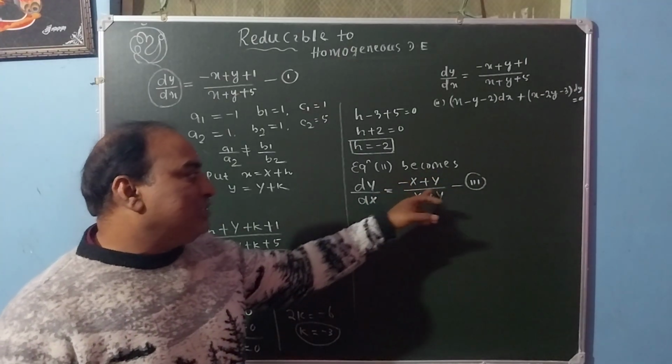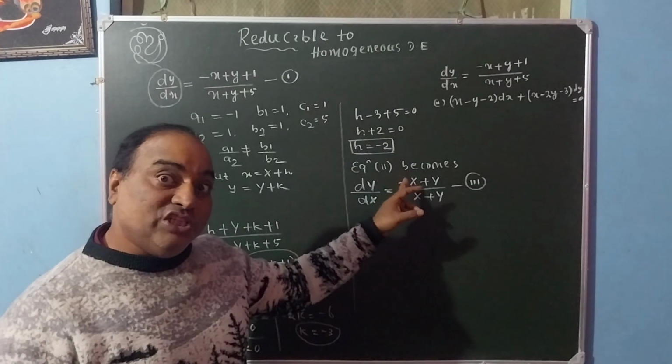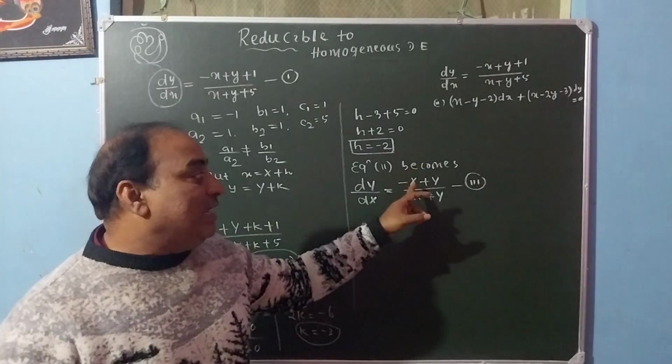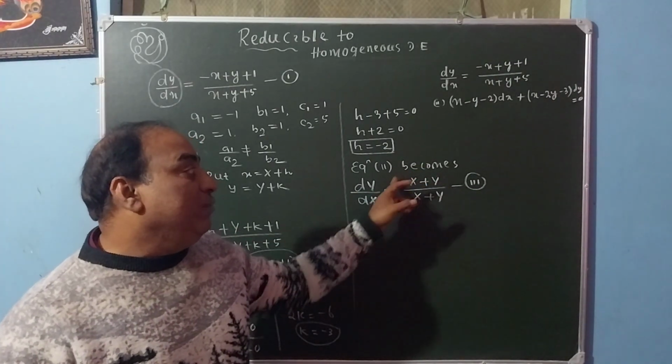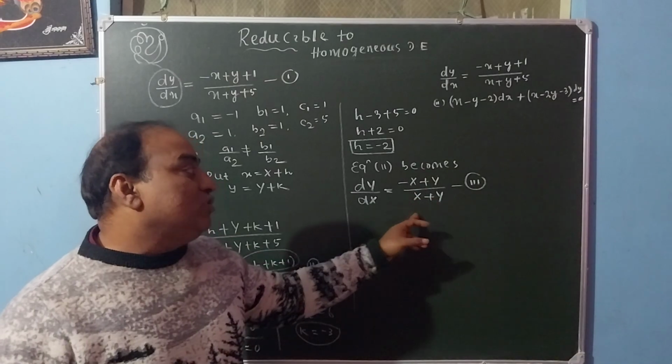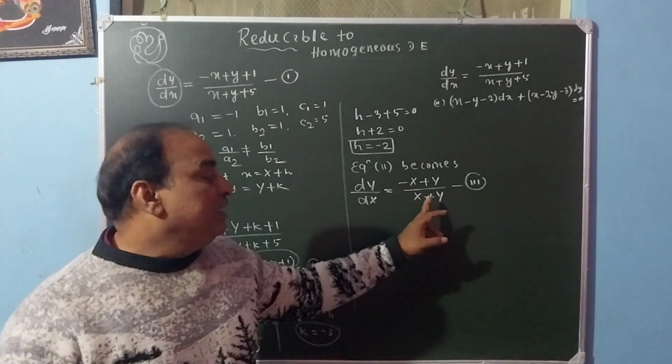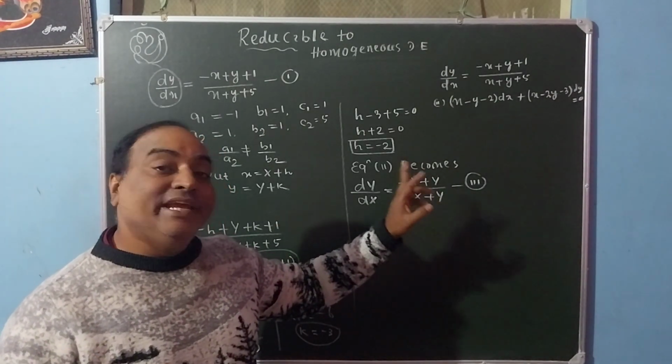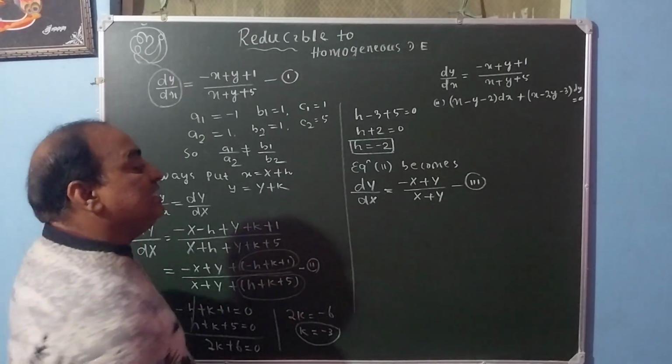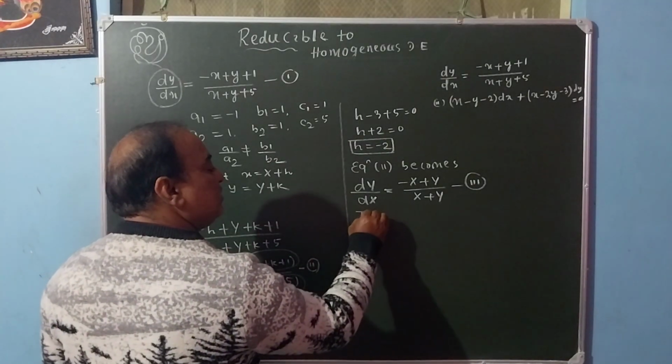So M(X,Y) is a homogeneous function in capital X and capital Y of degree 1. Here N(X,Y) is also a homogeneous function in X and Y of degree 1. So clearly this is a homogeneous differential equation.